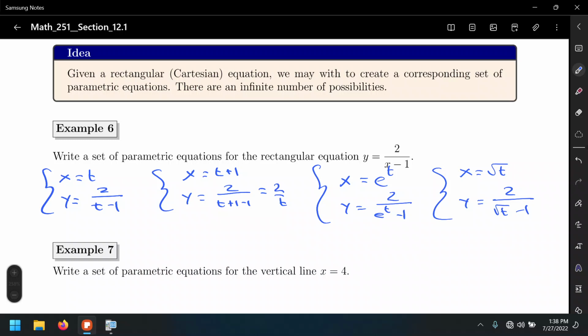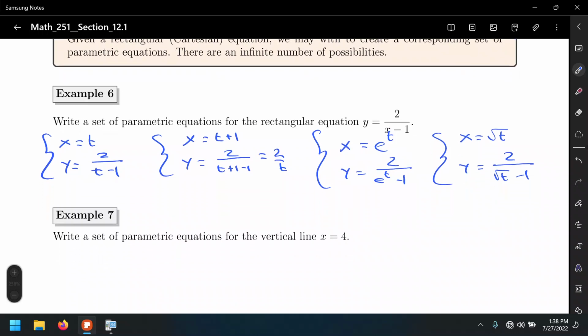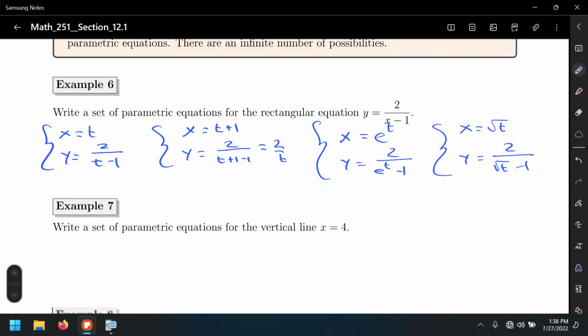So that's going to describe most likely an infinite path. Same for t plus 1. But what about e to the t? Well, e to the t will have some restriction that we will actually see later in the section.